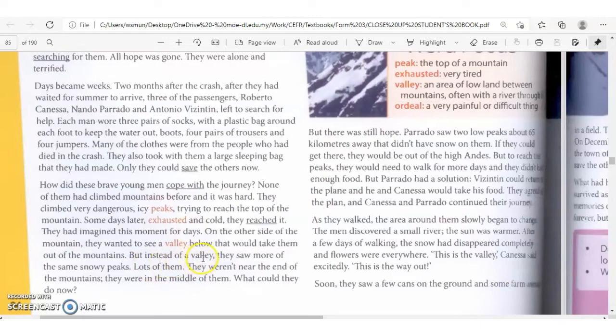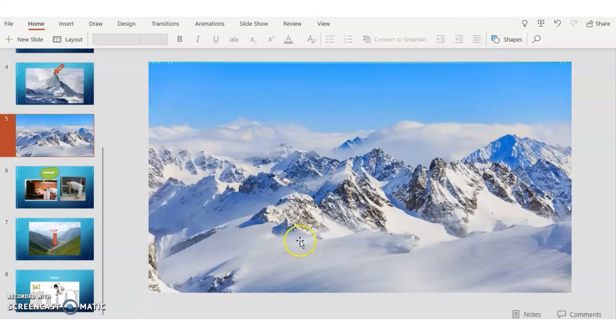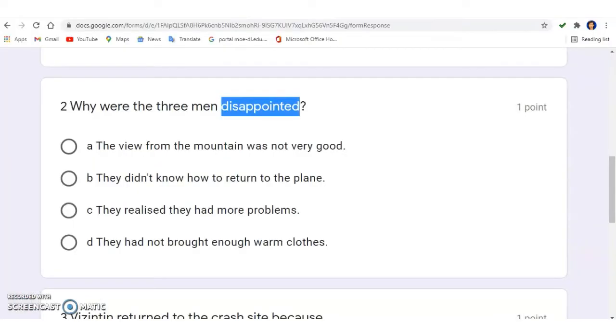Instead of a valley, they saw more of the same snowy peaks, lots of them, just like what is shown in this picture. They don't see any valley at all. This is why they are disappointed. Now let's look at the Google form.